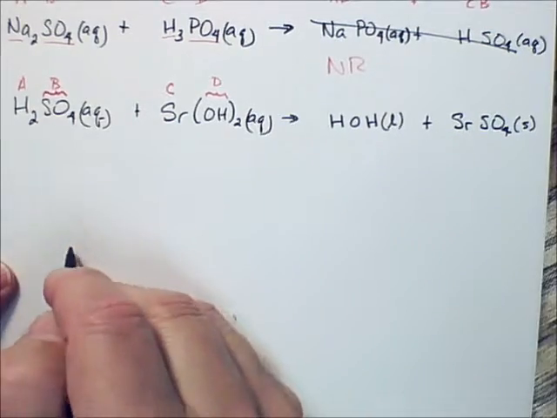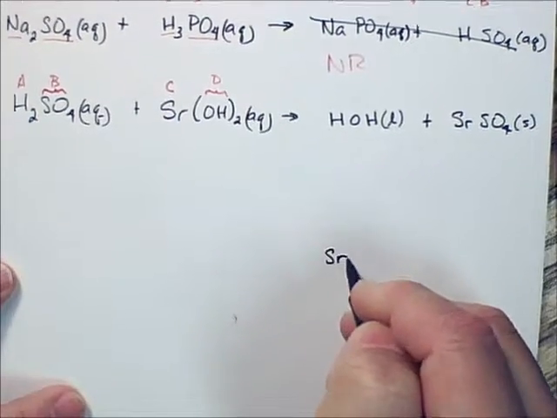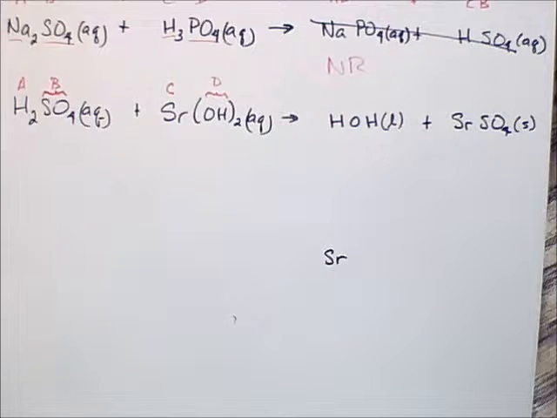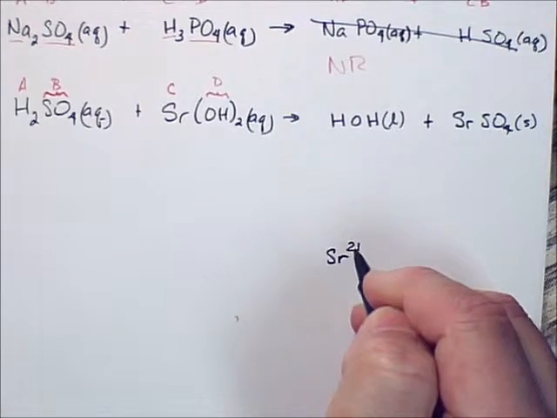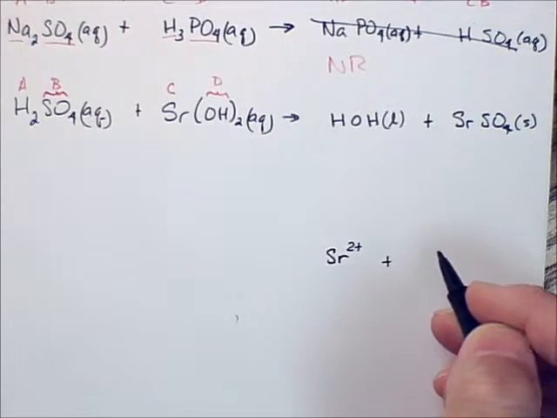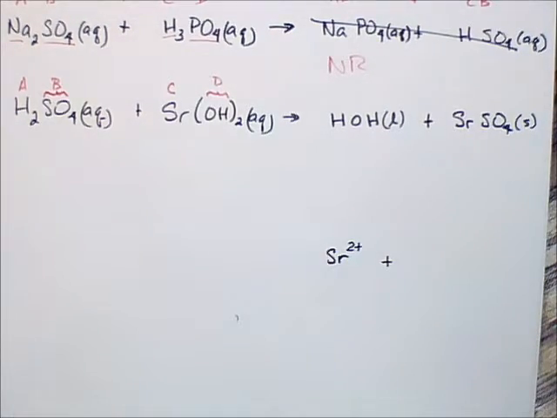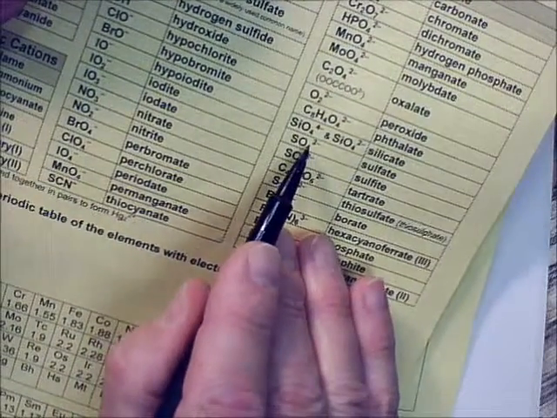Strontium, we need to figure out its charge. For that, we're going to go to the periodic table with oxidation numbers. Strontium has a 2+ charge. Sulfate, we noticed a moment ago, I'll go back and double check to make sure, has a 2- charge.